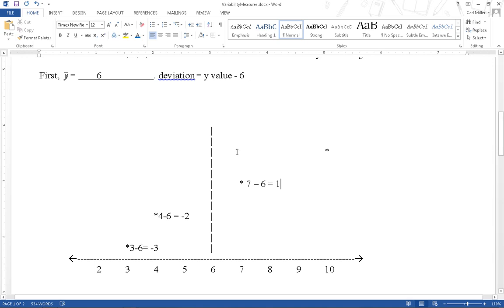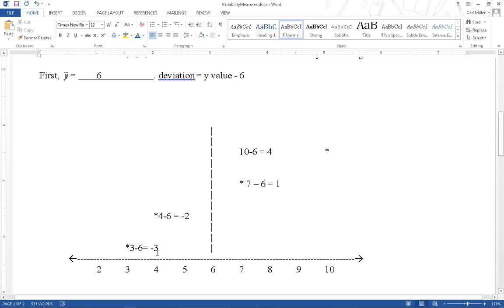And then 10 minus 6 equals 4. So I've figured out how far each data point on the number line is from the mean by taking the y value minus the mean.